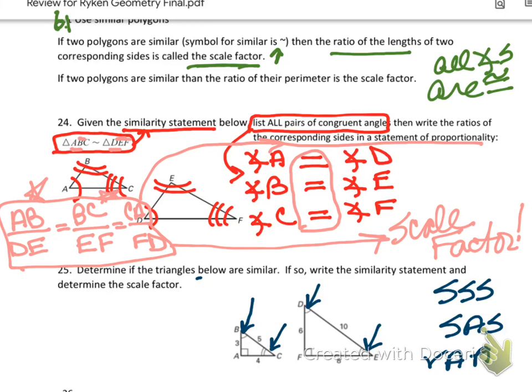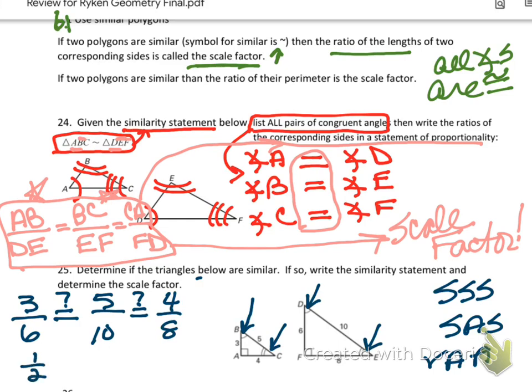Is 3 to 6, just like 5, which is the hypotenuse, is to 10, just like 4 is to 8? If you reduce them or do their decimal equivalents, you'll find that they all equal 1/2, or 0.5. Since they are in proportion, I have now proven by side, side, side that I have a similarity between these 2 shapes.